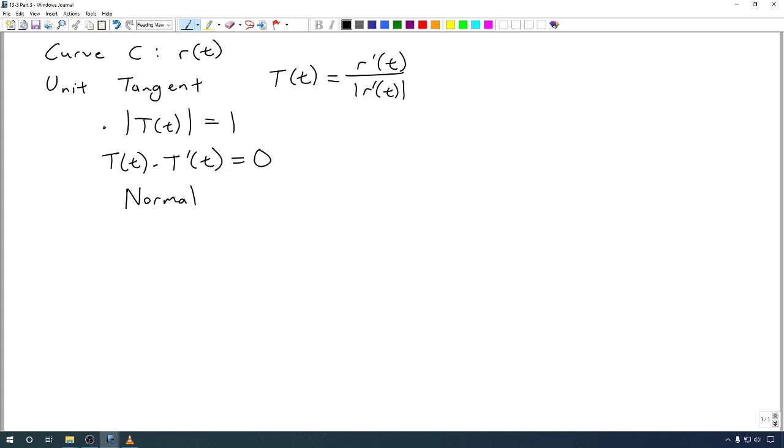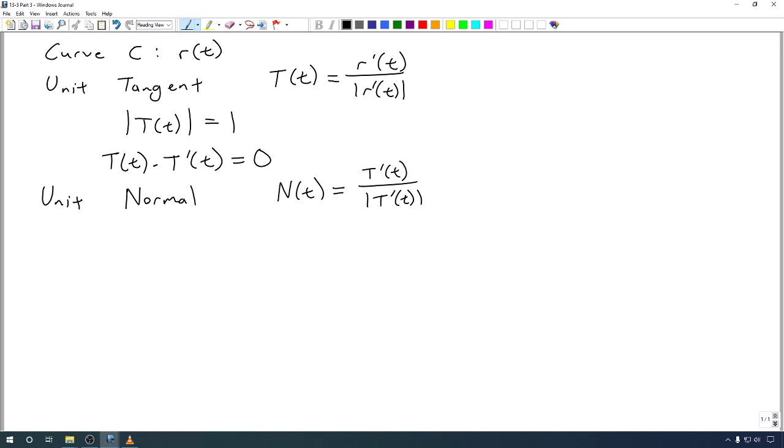So, sort of like we did with the unit tangent, we're going to make a unit normal. We're going to call it capital N for normal. As you can tell, the T here was for tangent. Here N is for normal. We'll have another one that'll have a standard letter as well, but we'll get to that. This is going to be the derivative of T divided by its magnitude, just to turn it into a unit vector.